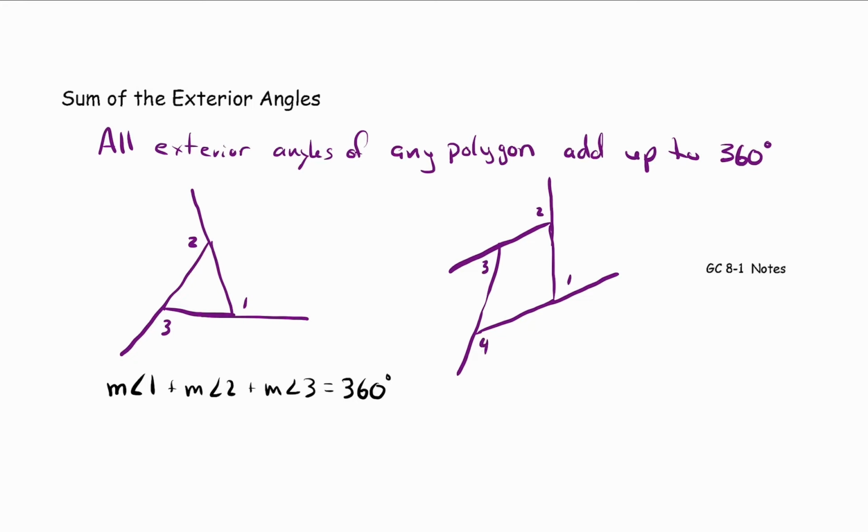And what I can do is take the measure of angle 1 plus the measure of angle 2 plus the measure of angle 3 plus the measure of angle 4, and that's going to equal 360 degrees. Again, it doesn't matter what type of polygon you have. When we add up the exterior angles, it's always going to equal 360 degrees.